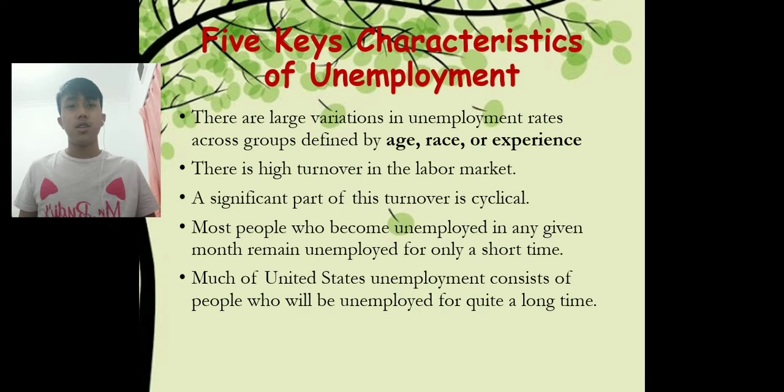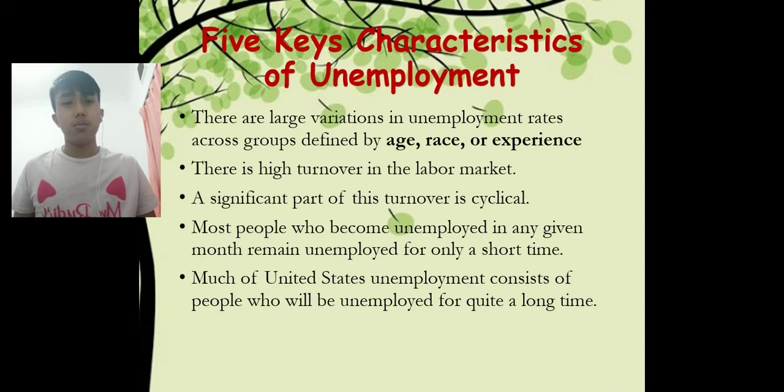So we have 5 key characteristics of unemployment. First, there are large variations in unemployment rates across groups defined by age, race, or experience. Second, there is high turnover in the labor market.